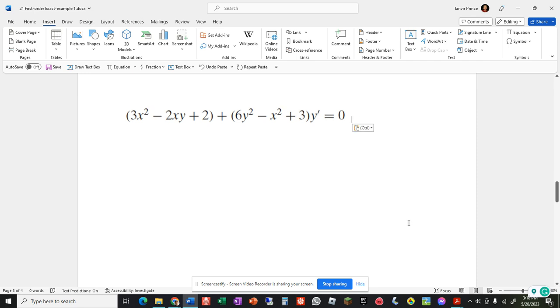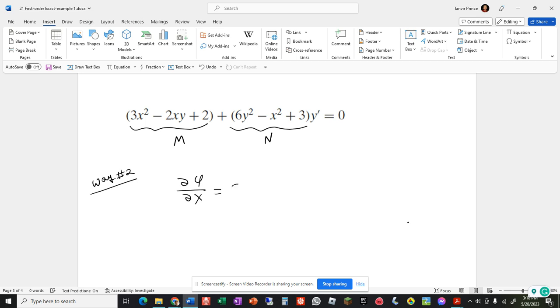The same question. This is the m, this is the n, and you can think of these as way number 2. With the same equation, the partial of phi with respect to x is m, and the partial of phi with respect to y is n.